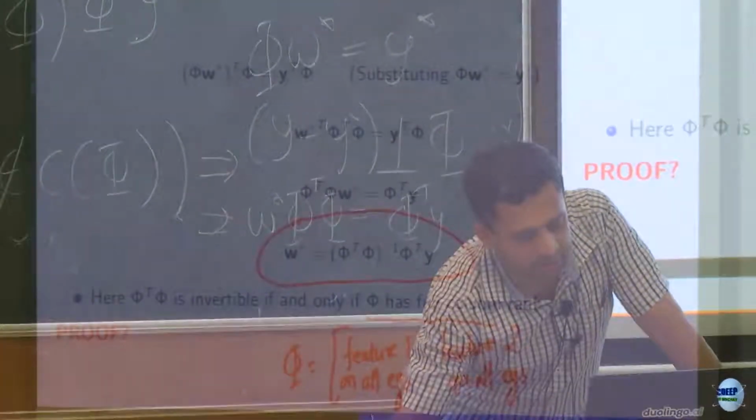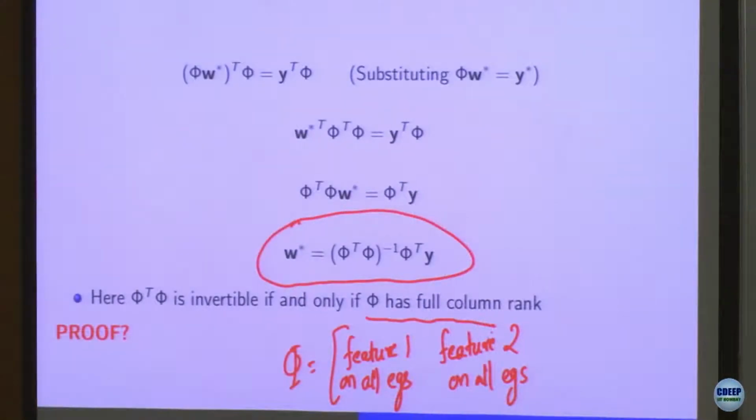The phi was what? It was basically feature 1 on all examples, feature 2 on all examples, stacked one on top of another. So they basically are feature vectors, a single feature across all examples.